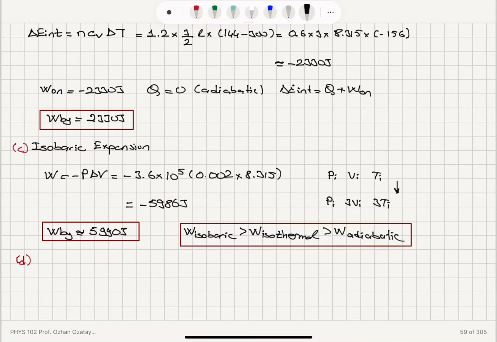Now, in part D, we're talking about the internal energy change. So what is the internal energy change in an isothermal process? If the temperature of the system is not changing and the number of moles is not changing, which are the only two variables that affect internal energy, the internal energy change must be equal to 0 for an isothermal process, which means that the heat added is minus the work done on the gas, which is plus the work done by the gas, which is 3290 joules.